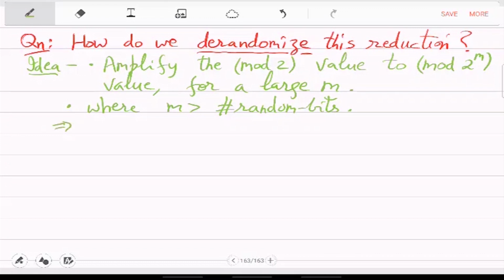Then what will happen is you consider the sum over all R's in this formula that you got, the formula psi, the formula value.